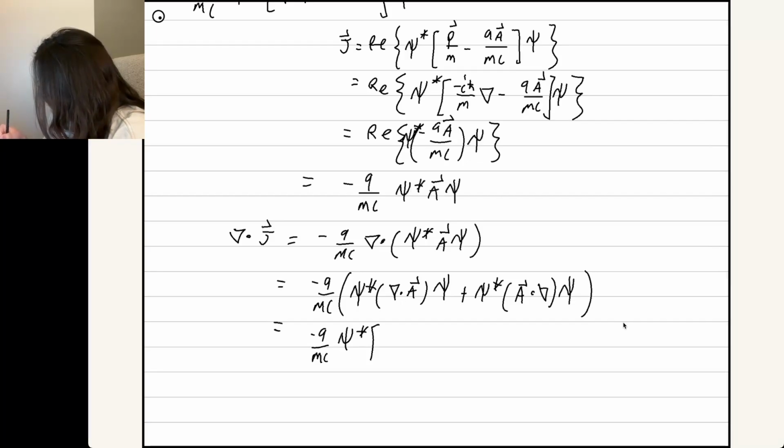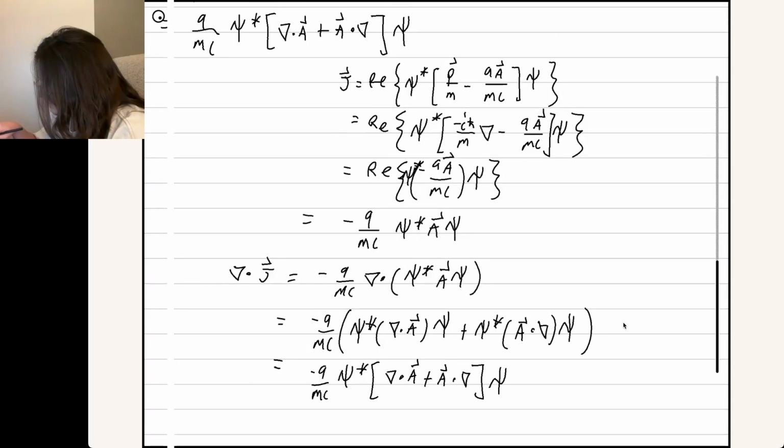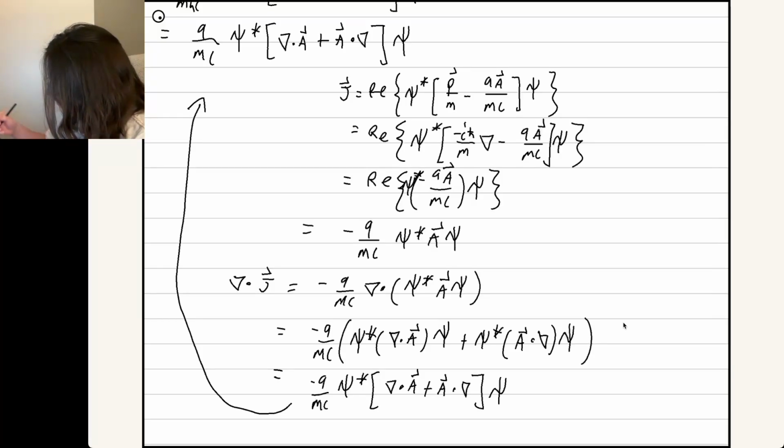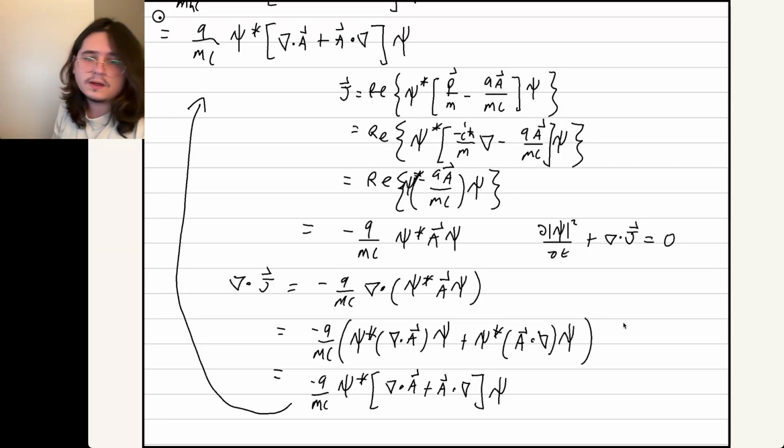Psi star, divergence of A plus A dot gradient psi. Does that match? Yeah, so this term is minus this term up here, which means we can write the continuity equation as being del psi squared del t plus divergence of J is equal to 0. Fancy.